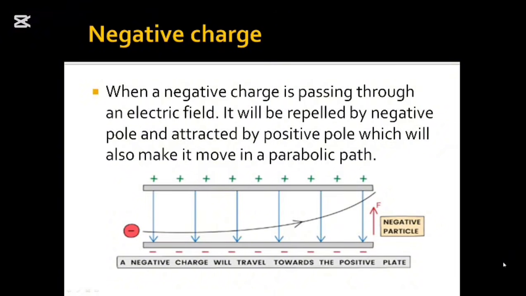Now let's look at the diagram again. You can see from the diagram the same thing. The lines of force are moving from positive to negative. Now, the charge, the red ball there, a negative charge, entering the field, what happens? The negative charges will be pushing it away, while the positive charges will be attracting it. Why are the negative charges pushing it away? Because it is also a negative charge.